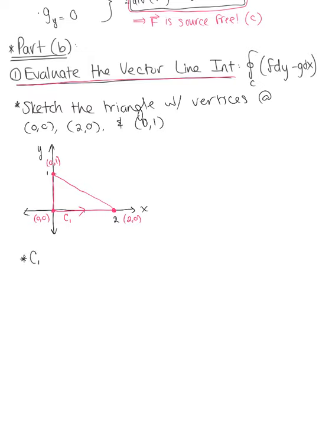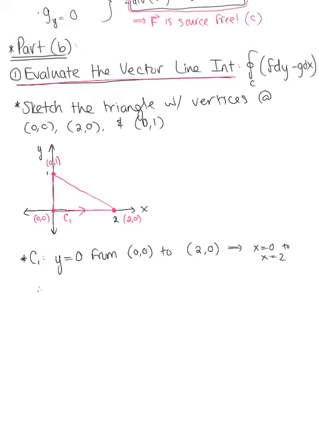We have three curves here. Our first curve is y equal to 0, the curve representing our x-axis, from the ordered pair at the origin 0, 0 to the ordered pair 2, 0. So in other words, we can think about this as x equals 0 to x equals 2.